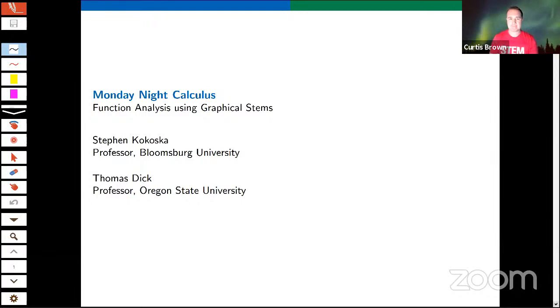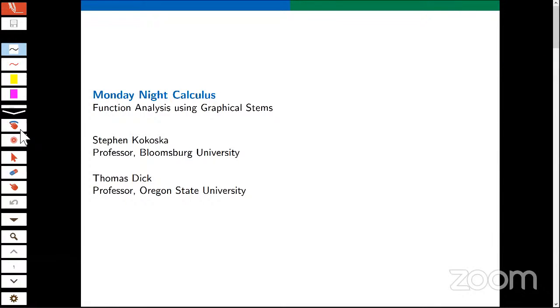So tonight's topic is function analysis with graphical stems. Before I get to that, Curtis, I would be remiss if I didn't mention that there was some calculus in the national news here last week. This is not a political statement, but Joe Biden in his speech Thursday night mentioned the phrase inflection point at least twice.